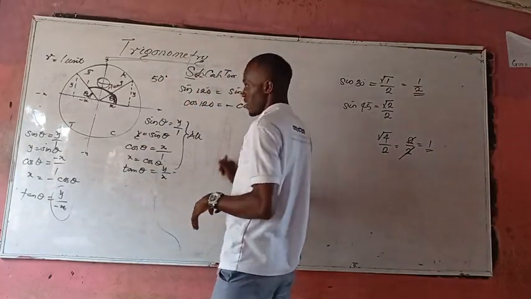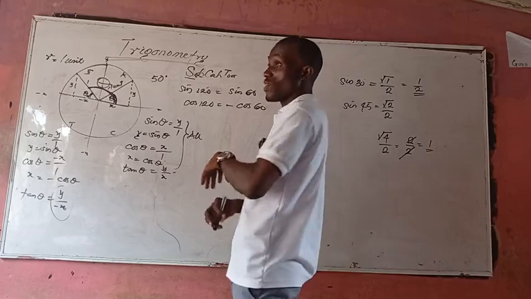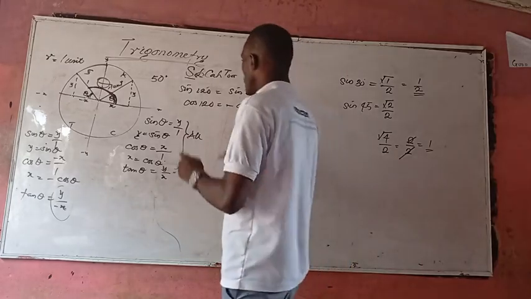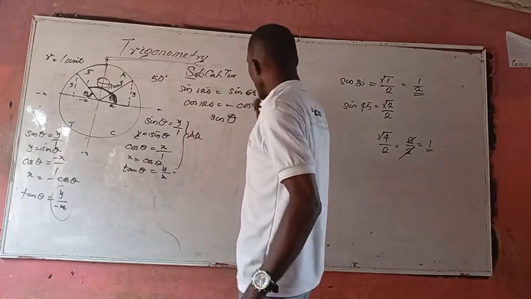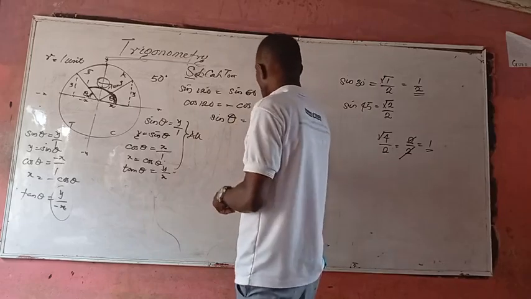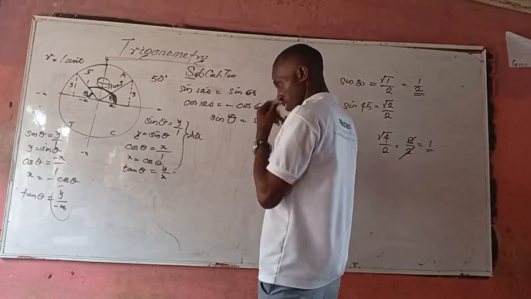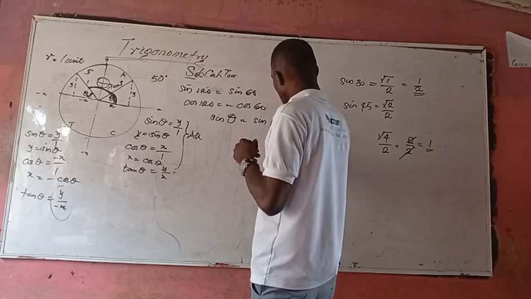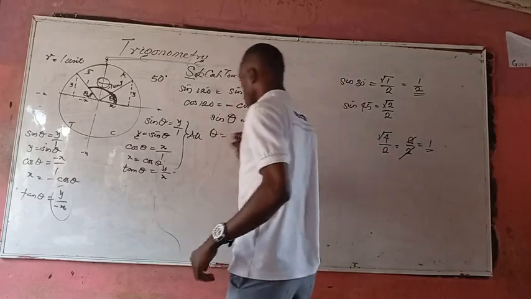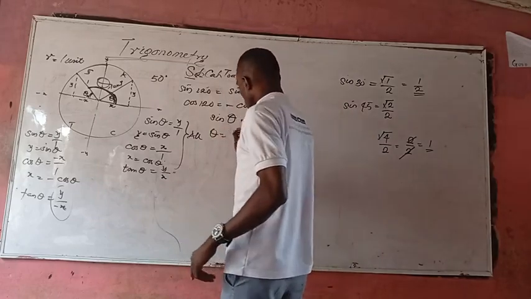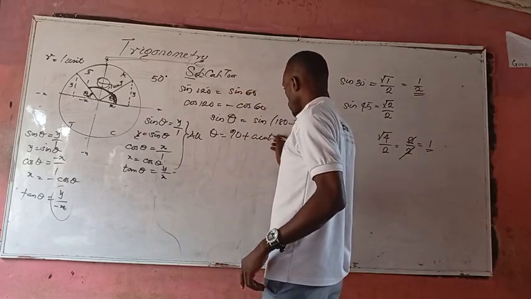Clear? All right. Should we go to the third quadrant? Okay, no. We cannot write a rule here. The rule is now that the sine of theta is always equal to sine of 180 minus theta, according to what we did here, given that theta must be equal to 90 plus another acute angle.